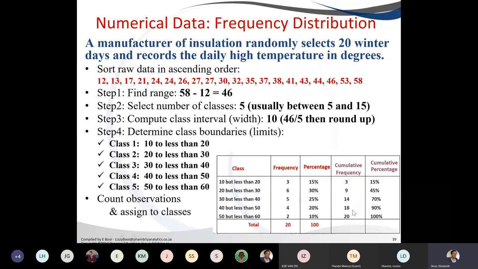So you can come to the cumulative frequency and say there were 18. And if they ask you what was the cumulative percentage, you can say it was 90. If they ask you how many temperatures were between 20 but less than 30, you just come to the frequency and say there were 6. If they ask in terms of percentage, you say there were 30. And that's how you will answer those questions.